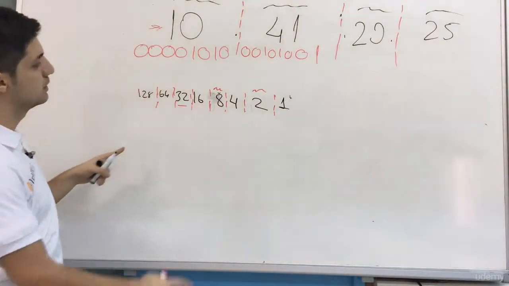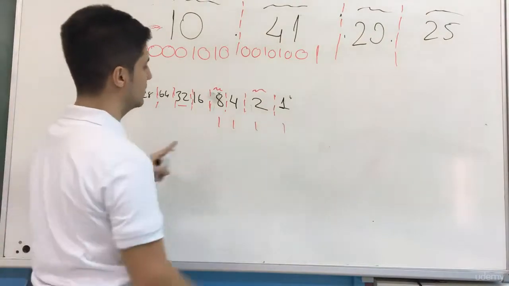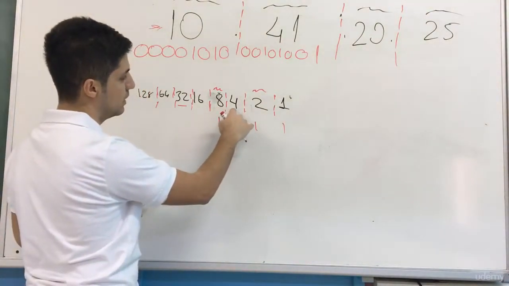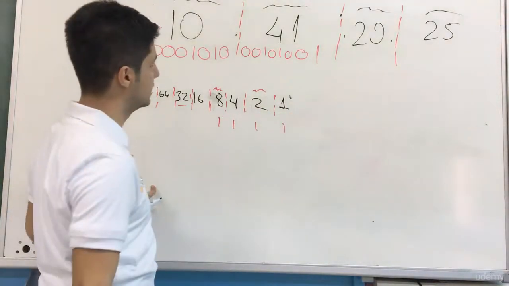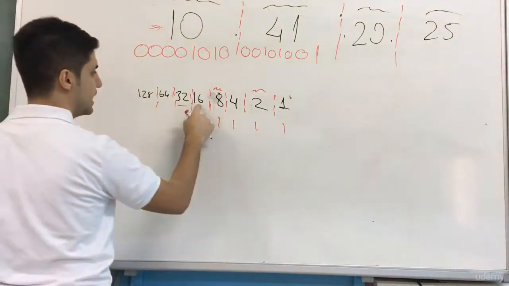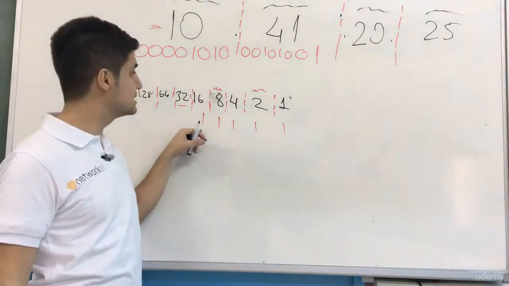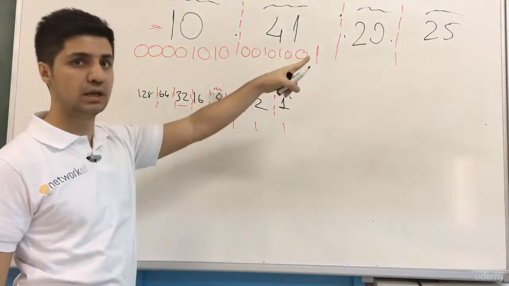20 will be, let's take a look, what if I make these portions 1? Let's calculate. 12, 14, 15. Not enough. If I add this one too, the end result will this time be 31, which is bigger than 20.